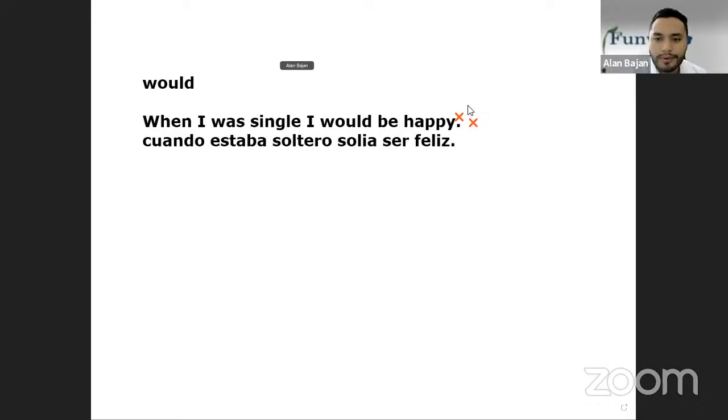No. That's not grammatically correct. The stative verbs are the verbs that describe a condition. Example, the verb to be.